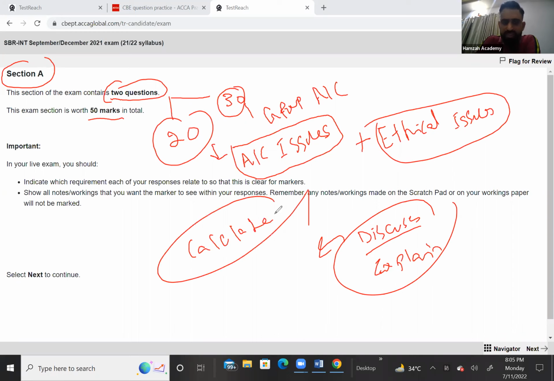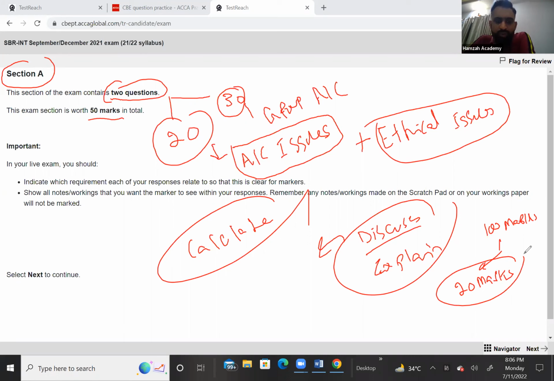So keep your mind clear that at SBR level there will not be a lot of calculation. If we have a total of 100 marks in our paper, the maximum, if your luck is very good, the marks which would be based on calculation are not going to be more than 20.